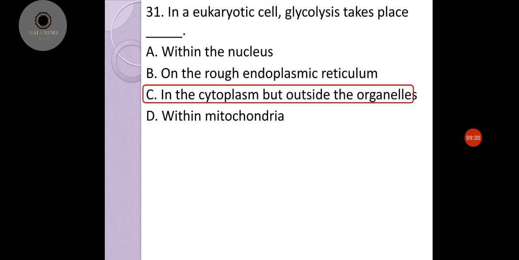Even though the other stages of cellular respiration, the Krebs cycle, and the ETC happens inside the mitochondria, but the mitochondria is suspended in the cytoplasm. Pero hindi siya nangyayari sa cytoplasm. Nangyayari lang siya doon sa loob ng mitochondria. So, yung glycolysis lang happens in the cytoplasm.